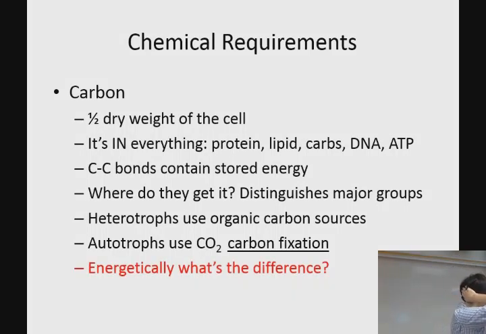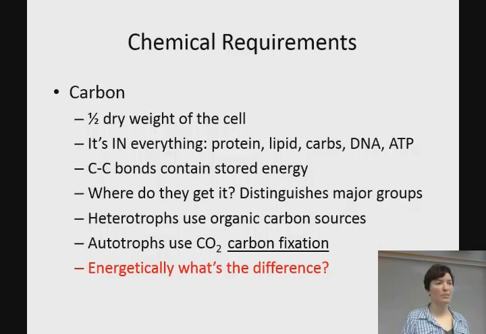Now, think about that. If you're getting carbon from organic carbon sources, which are high energy molecules, versus getting carbon from carbon dioxide, and again, why are we getting the carbon? What are we going to use it for? We're going to build stuff, okay? Now, if we want to build stuff, and it's partly already built, like if you're building a polysaccharide from glucose, that's way different than building a polysaccharide from carbon dioxide.